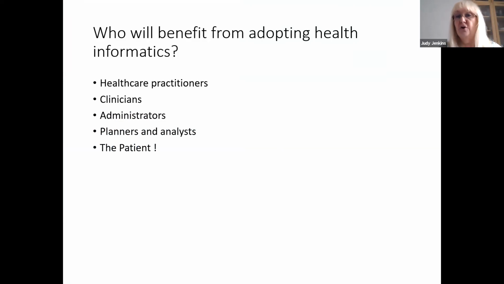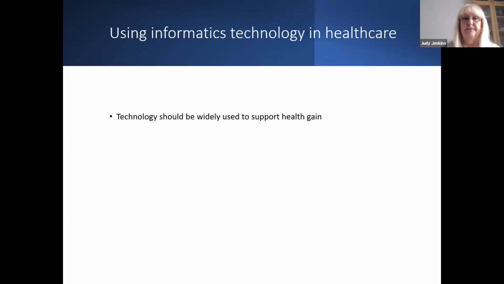And of course, as you all correctly identified, the patient, because we're now approaching a time where not only are patients becoming more and more involved in their own healthcare, and a better relationship exists between healthcare practitioners and patients, but they are becoming more and more adept at using technology themselves.